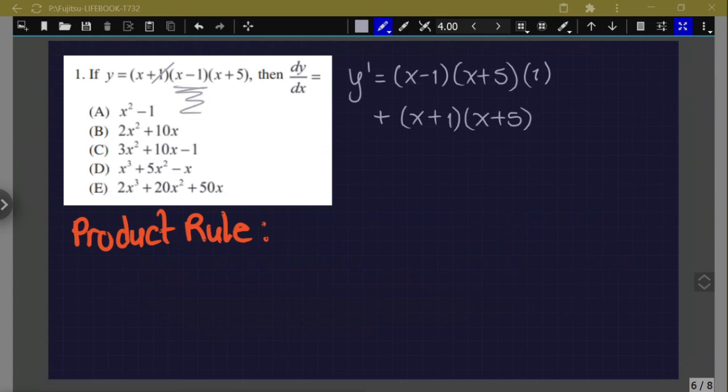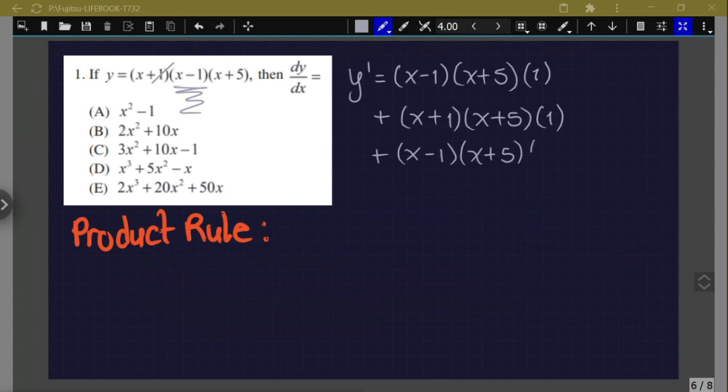And the derivative of that is also going to be 1, because the derivative of negative 1, a constant, is 0, and the derivative of x again is 1. So there you go. And finally, plus the last two terms, that in this case is going to be equal to x minus 1 and x plus 5.